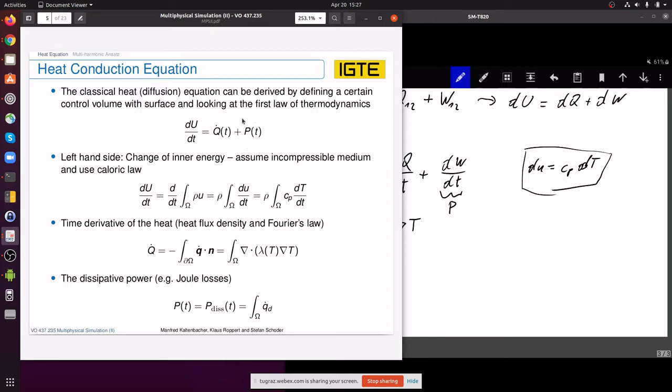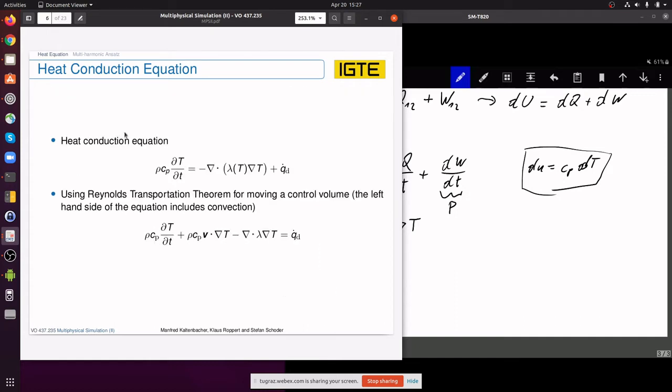And what's left is this right-hand side. This right-hand side can be used as some kind of forcing, or some kind of power delivery that we're delivering into our control volume. In our case, the control volume is the workpiece we want to heat. And this Qd, the dissipative power loss density, or dissipative heat density, is the variable we are putting into our system via the eddy current losses.